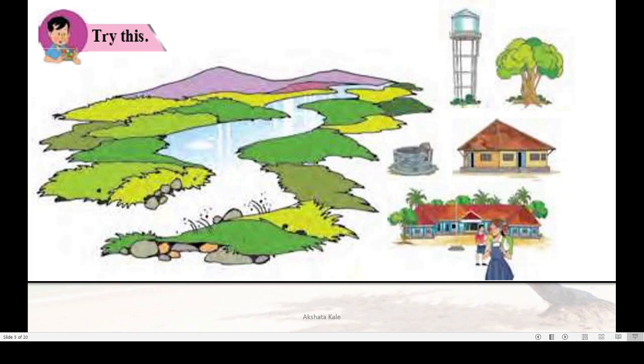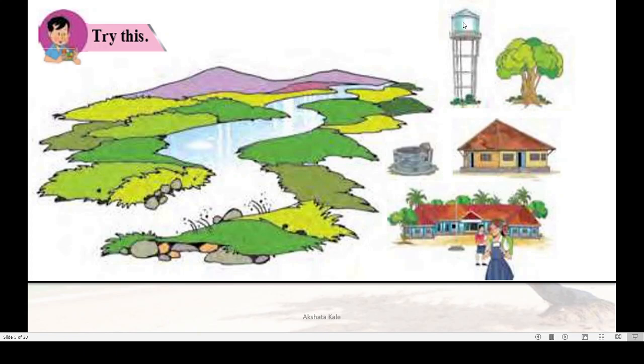Dear children, this picture is from your textbook, page number 86. Here we can see so many different things, right? We can see water portion, here grass, hills, tree, house. This is well. You can see here school is there.